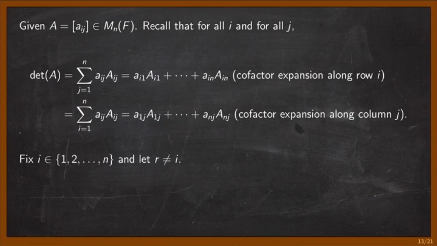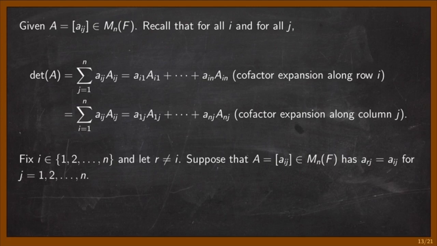I want you to fix an i, and I want you to select another r different from i. So it's like you have a fixed row i, and then you're going to select any row that is different from the row i. Suppose that A is an n by n matrix where, so what does this equation mean?